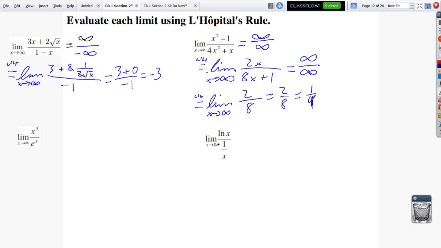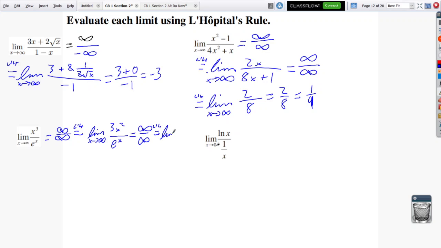Looking down here, I can see pretty easily that I've got infinity over infinity, which means I'm going to L'Hopital it up, which means I'm going to have limit as x approaches infinity of 3x squared over e to the x, still infinity over infinity, which is going to give me L'Hopital again.